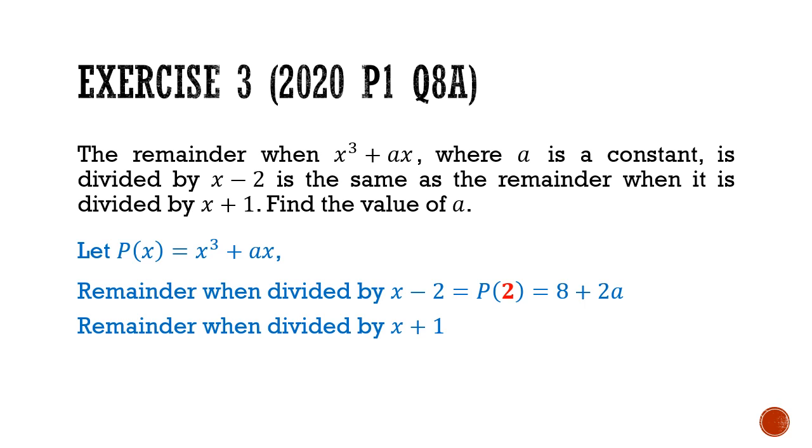So what makes x plus 1 equal to 0? Well, x equals -1. So we're going to substitute -1 inside, and we're going to get -1 cubed, which is still -1, minus a. And since we are told that both remainders are the same, we can equate the two expressions together. And by solving this, we get a equals -3, and that's our final answer.